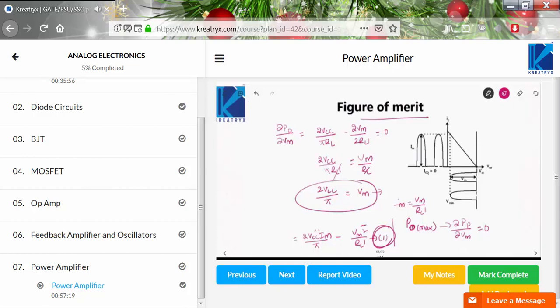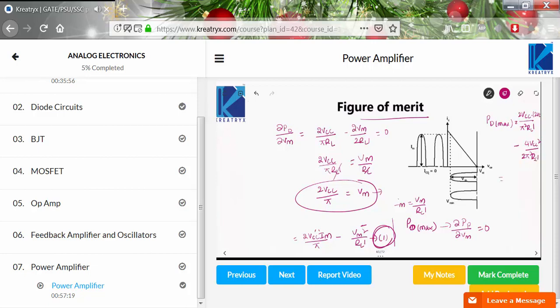Then what about the PD max? Two VCC into 2 VCC by pi square RL dash minus 4 VCC square to pi square into RL dash.